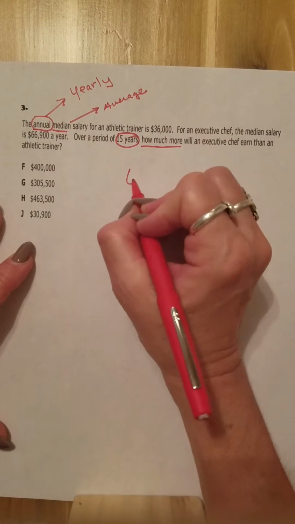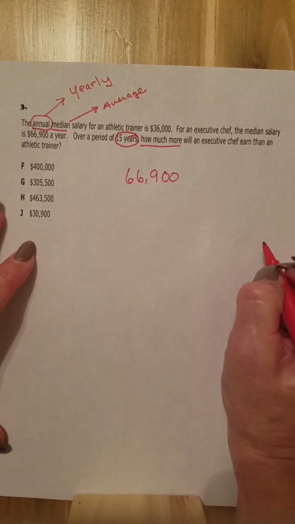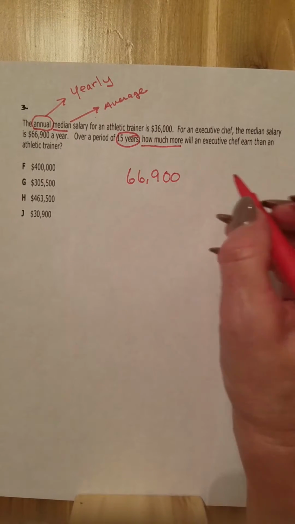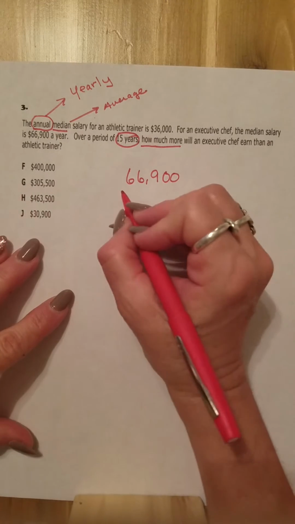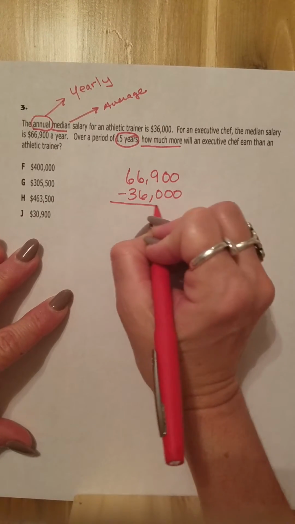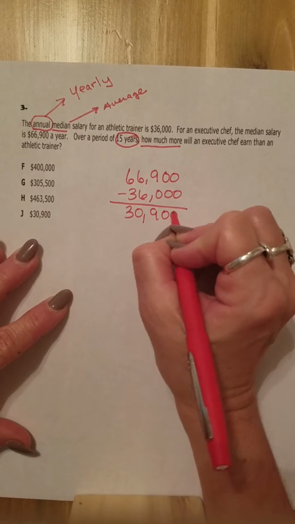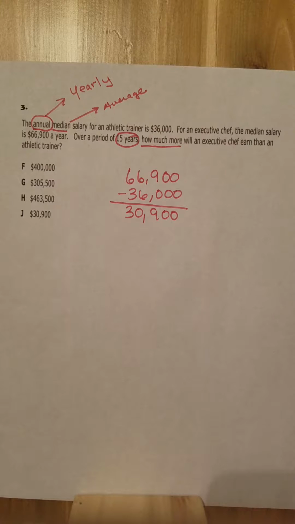So that means I take my larger number because that is the executive chef. And then I take my athletic trainer and I'm going to subtract. And when I subtract, I get $30,900. Now that's the difference for 1 year.